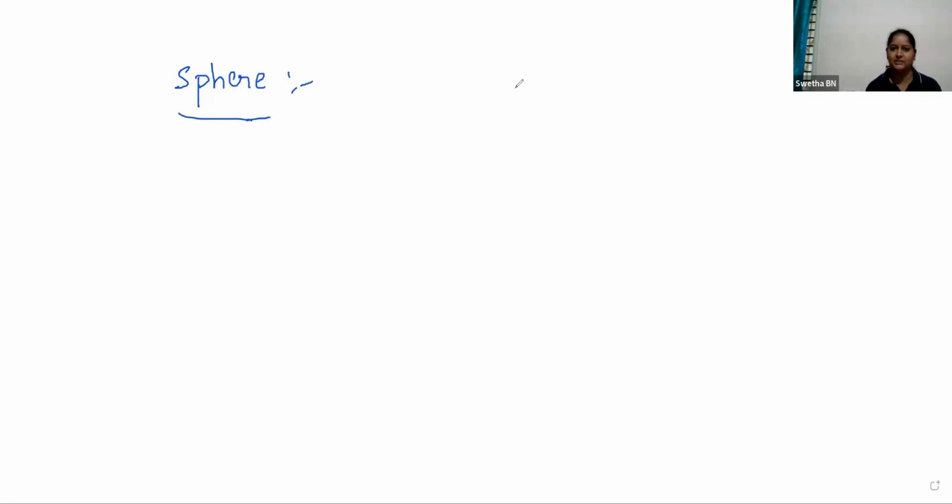So how many faces? There is only one curved surface, right? So it has only total surface; there is no separate curved surface. What is the total surface area of a sphere? Panchami?